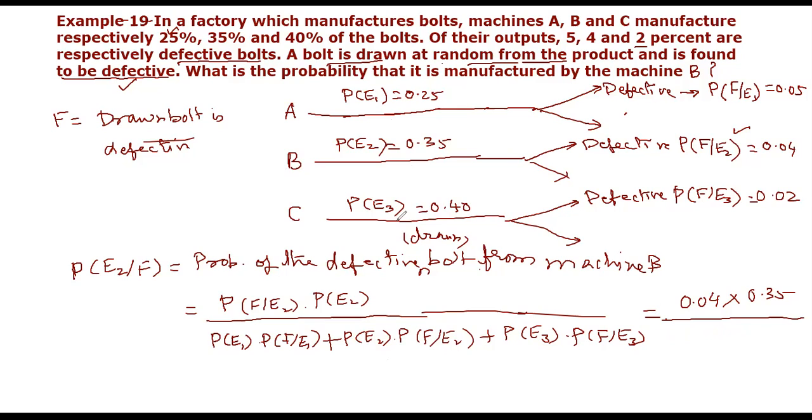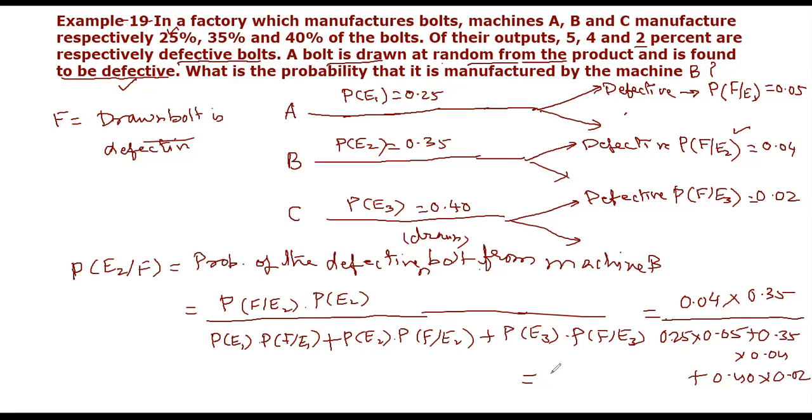Otherwise, we can put any value first. So E1: 0.25 into 0.05, plus E2: 0.35 into 0.04, plus 0.40 into 0.02.